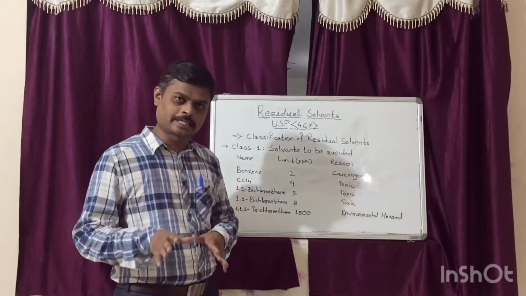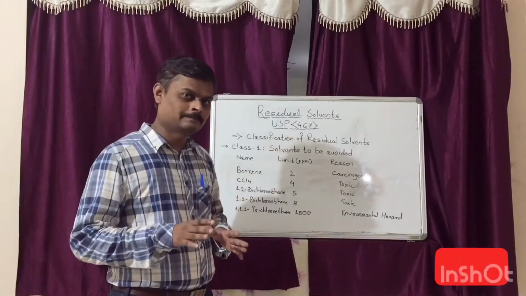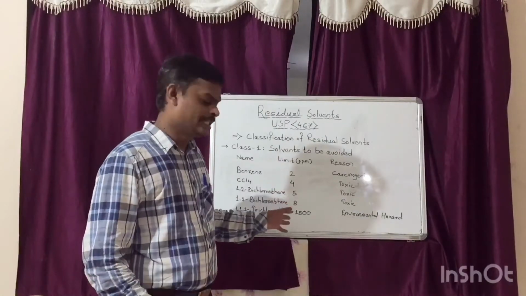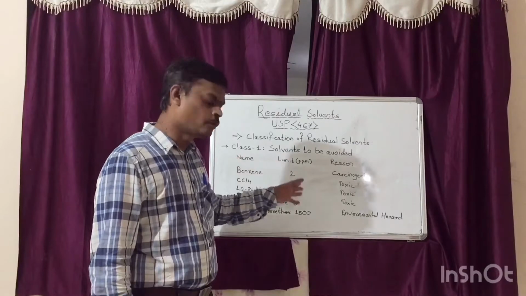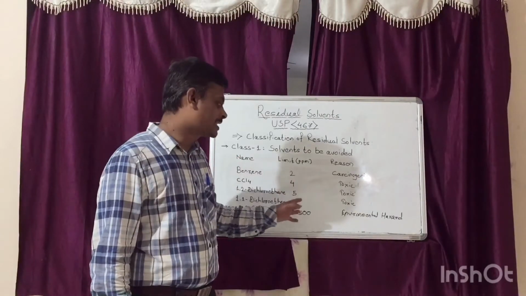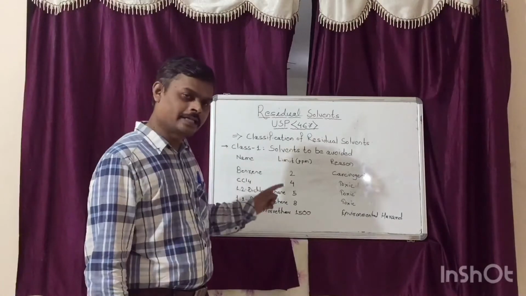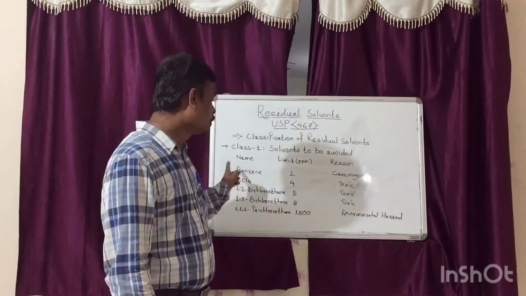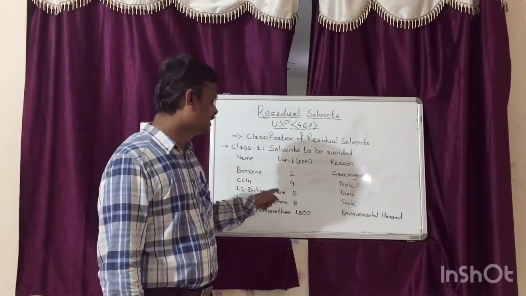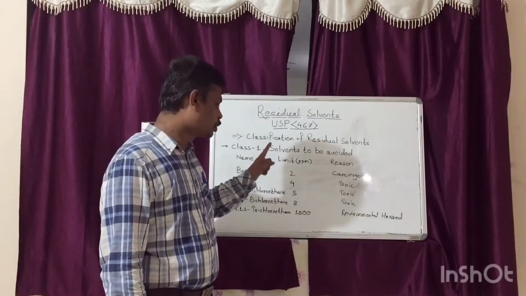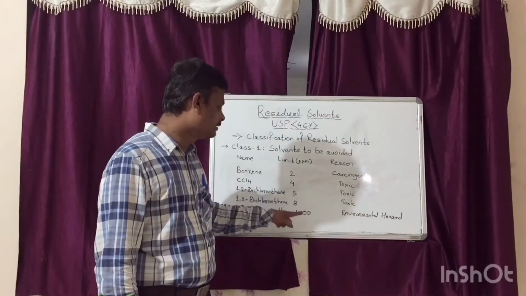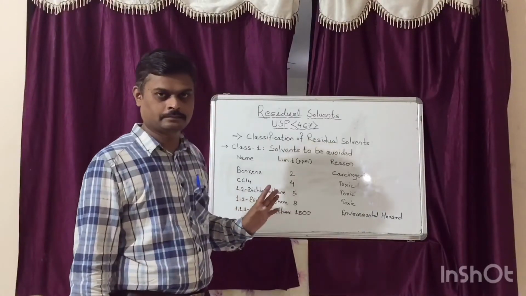In exceptional cases where the use of any one of these solvents is required, the material or products should be tested for these solvents, and levels of these solvents should be below the limits mentioned here.